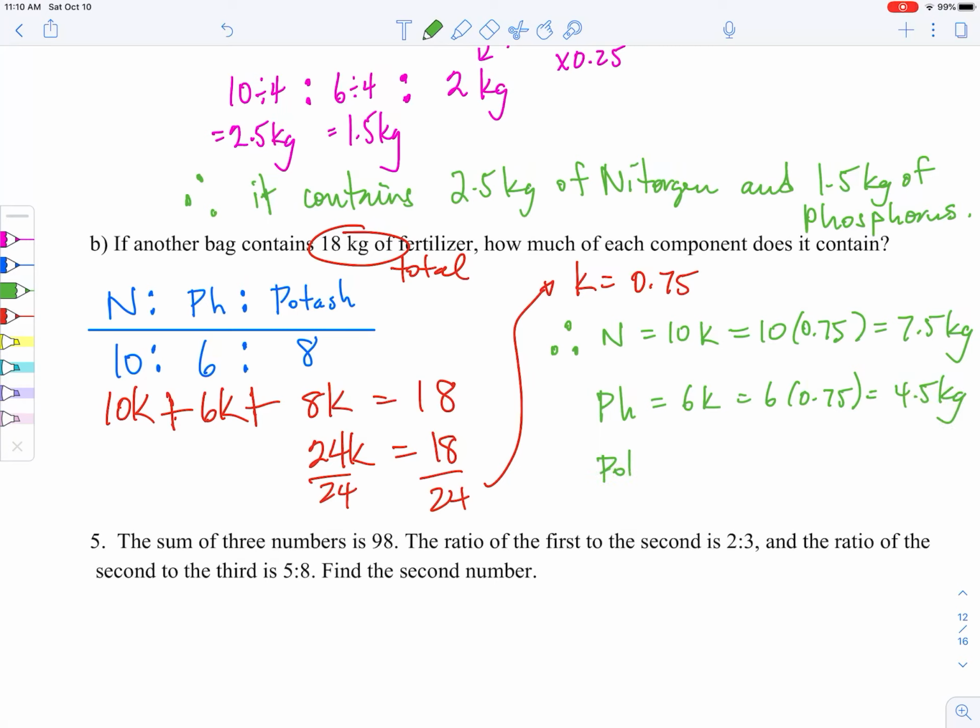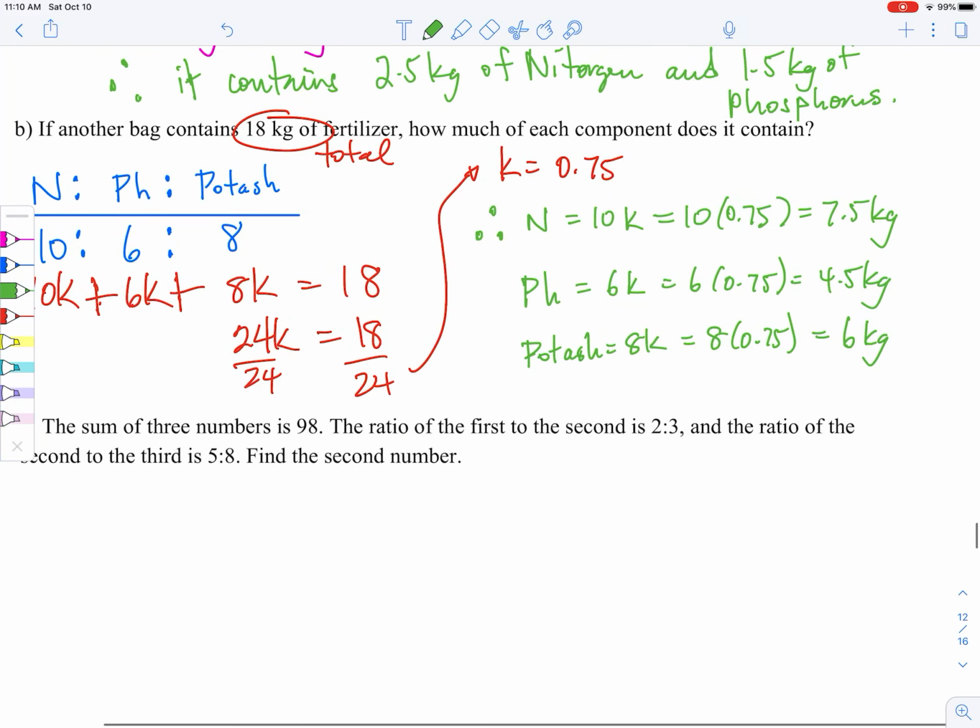And then the potash is going to be 8K, or 8 times 0.75, works out to be 6 kilograms. And we can check and see if we got it correct by adding these up. So if we were to add 7.5 plus 4.5 plus 6, it does add up to 18 kilograms. So that's a way for us to see that we got it correct.